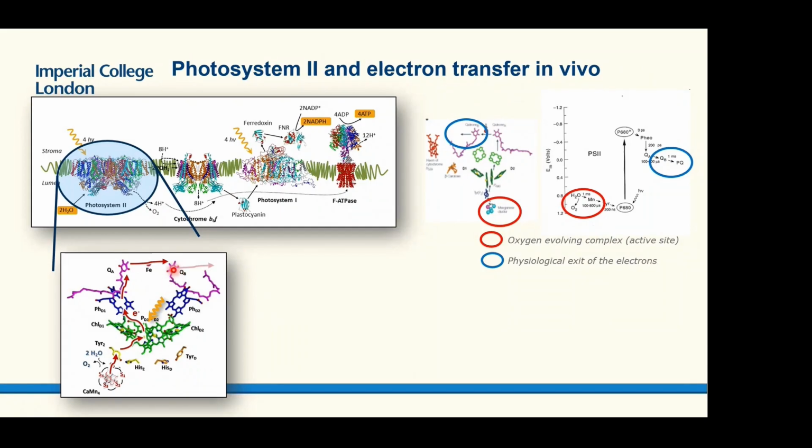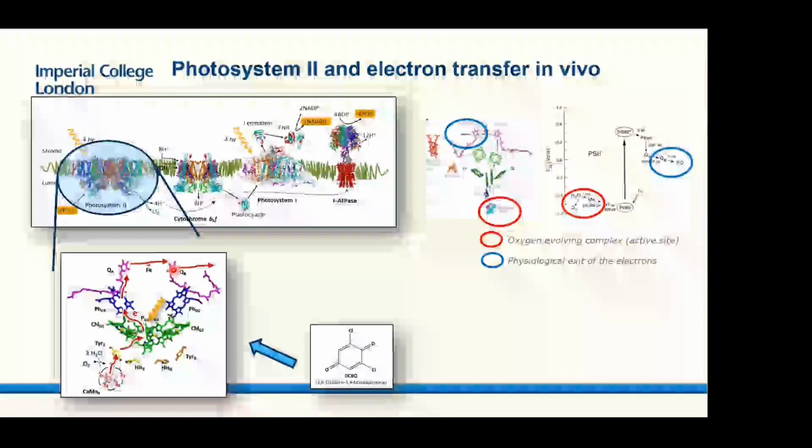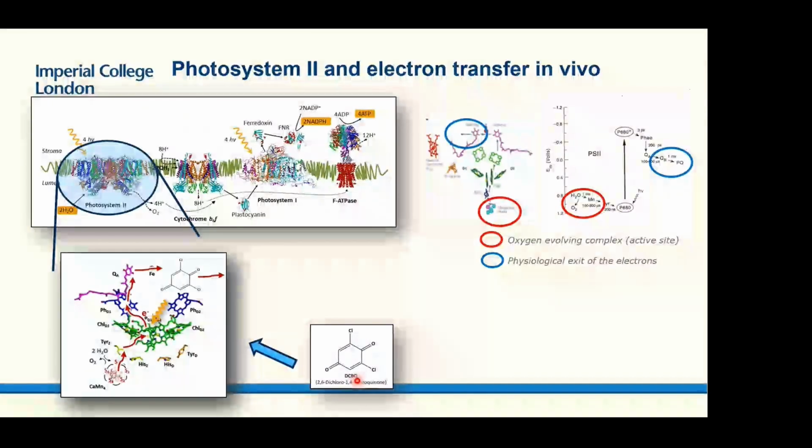So if you want to study this system electrochemically, you need to immobilize it on an electrode, maintaining the entire structure, but you also have to be able to electrically connect with the electron route, which is practically the quinones. You can, if you want, use a mediator, a molecule that will replace the mobile quinone and shuttle electrons in and out of the protein to the electrode, but you might want to avoid that.